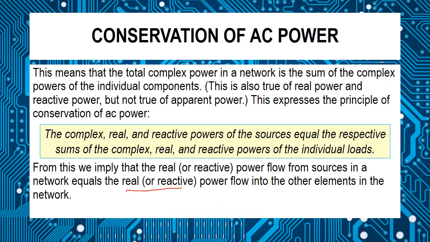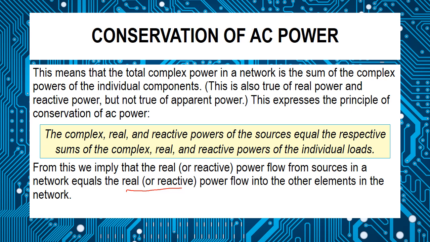This means that the total complex power in a network is the sum of the complex powers of the individual components. This is also true of real power and reactive power, but not true of apparent power. This expresses the principle of conservation of AC power.